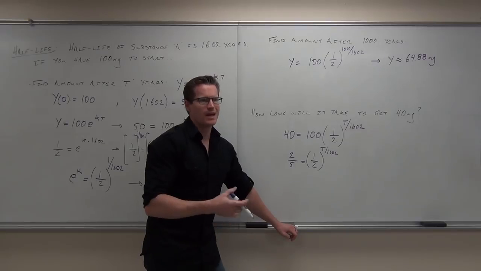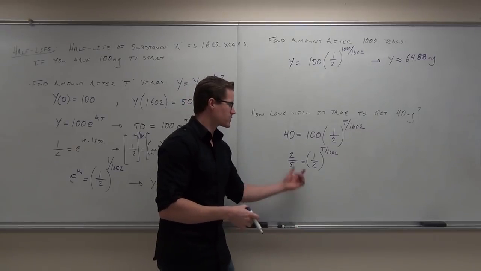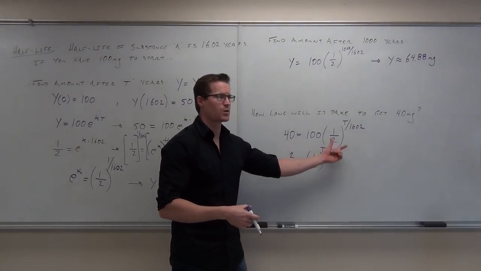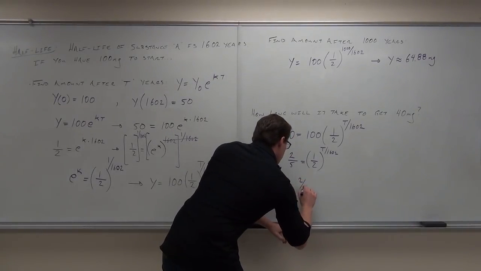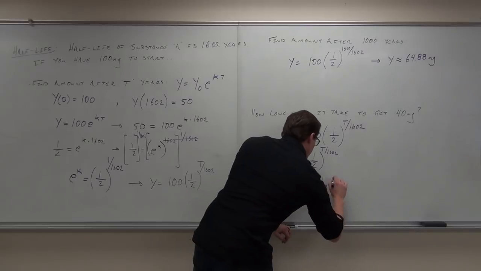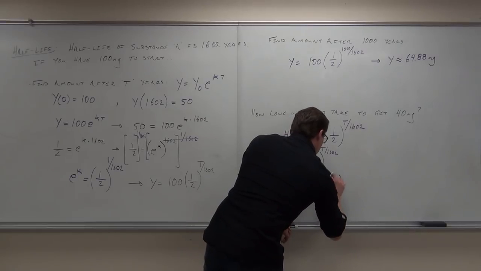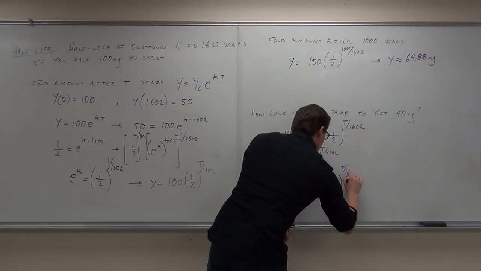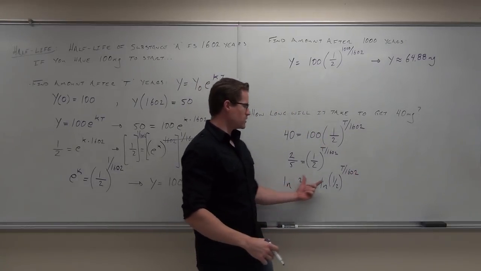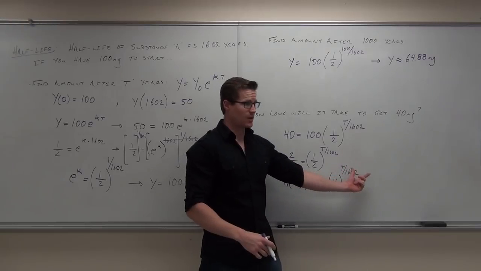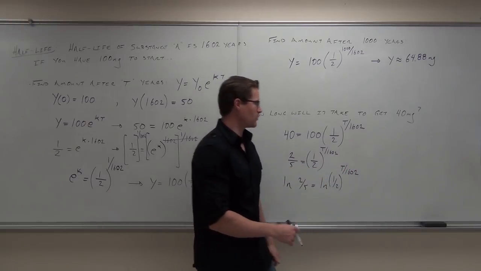Now at this point, we should probably take the natural log. If we do that, what we're going to be allowed to do is take the exponent and move that forward. So natural log of 2/5 equals natural log of 1/2 to the t over 1,602. The reason why we do a natural log with exponentials is this allows us to move our exponents to the front as a coefficient.